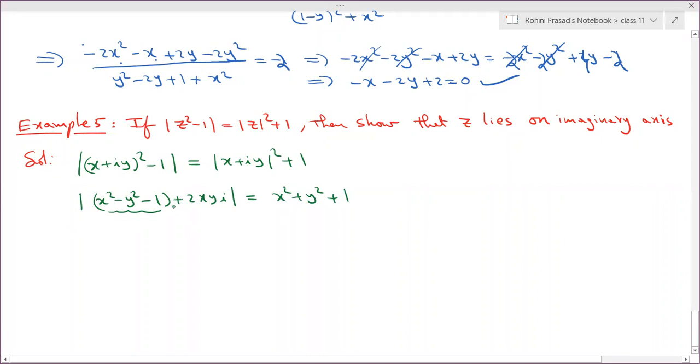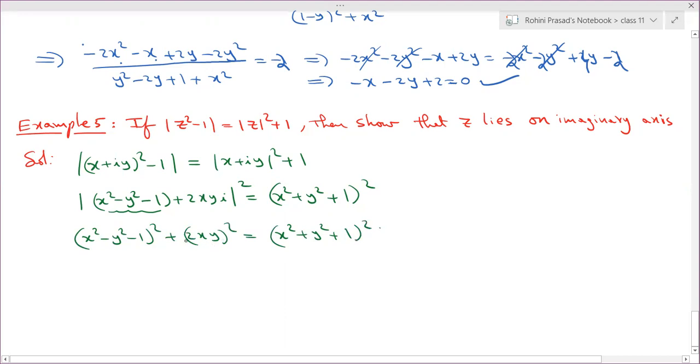Squaring on both sides. You get under root, you get the square on both sides. And then you get x square minus y square minus 1 the whole square plus 2xy the whole square equal to x square plus y square plus 1 the whole square.